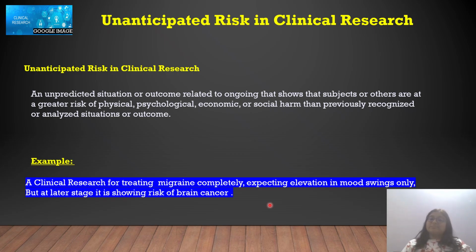So what was expected in this research? In this research, it was expected that participants or subjects, in the term of clinical research, may experience mood swings. But at some point, researchers felt that no, it is not only about the mood swings. They are at the risk of brain cancer also because of this medicine.